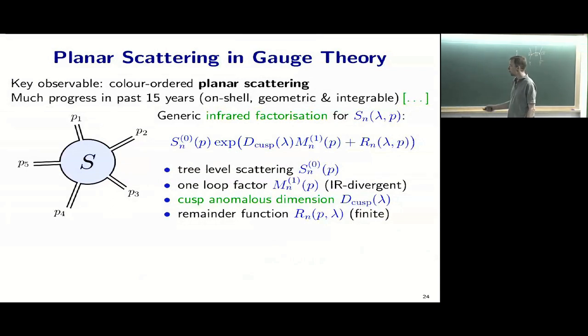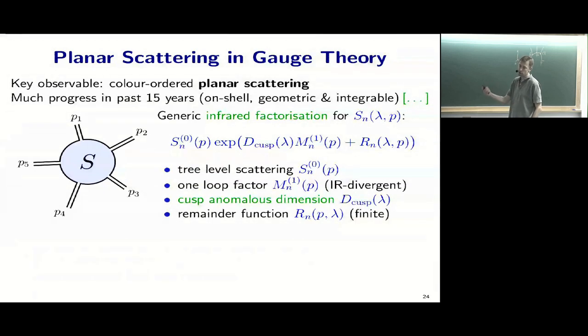And it may be that if you look at the colors, if it's just red, green, or blue, it's a bit difficult. But for large n, there is a more precise way in which P1 is the neighbor of P2 and P2 is the neighbor of P3. And the single trace color ordered amplitude is one where you have just one cycle going through all particles.